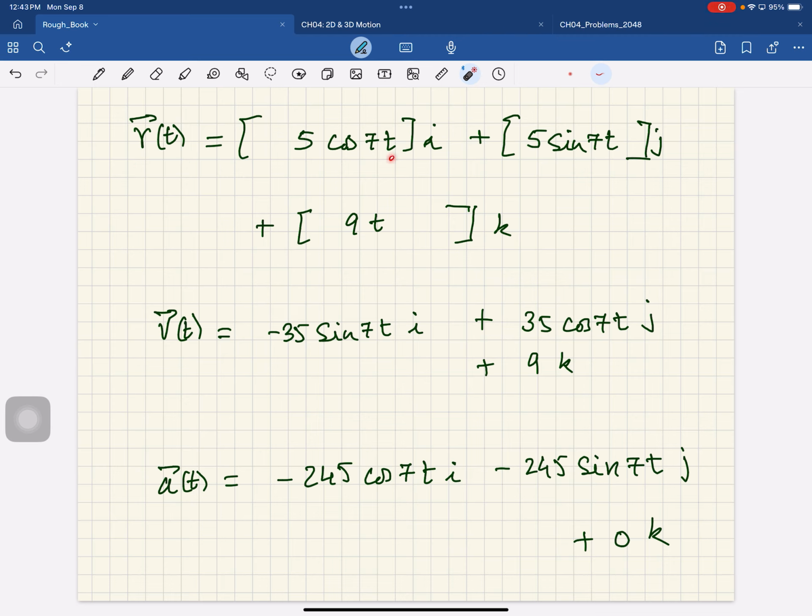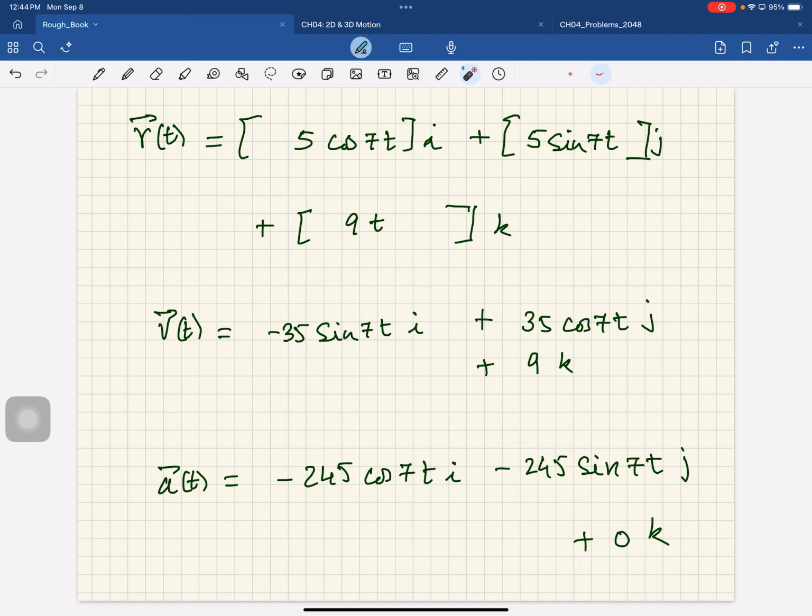At t equal to 0, the x coordinate is 5 units, the y coordinate is 0 units, and the z coordinate is 0 units. The velocity is given by that. The radius of this circle is 5 units.